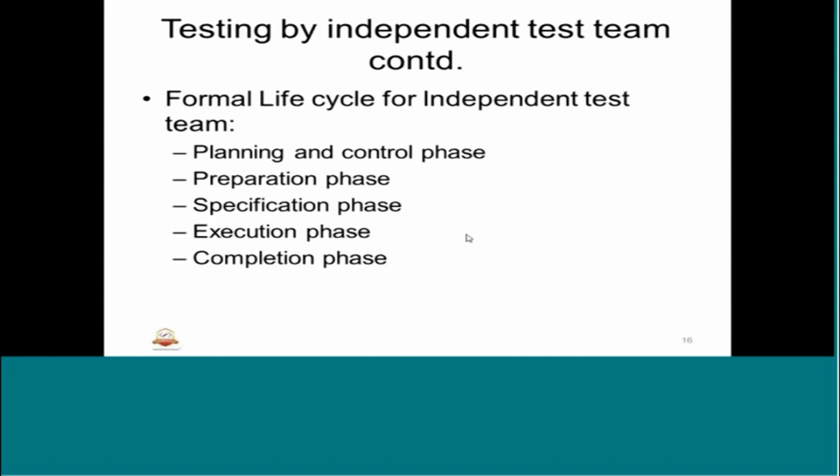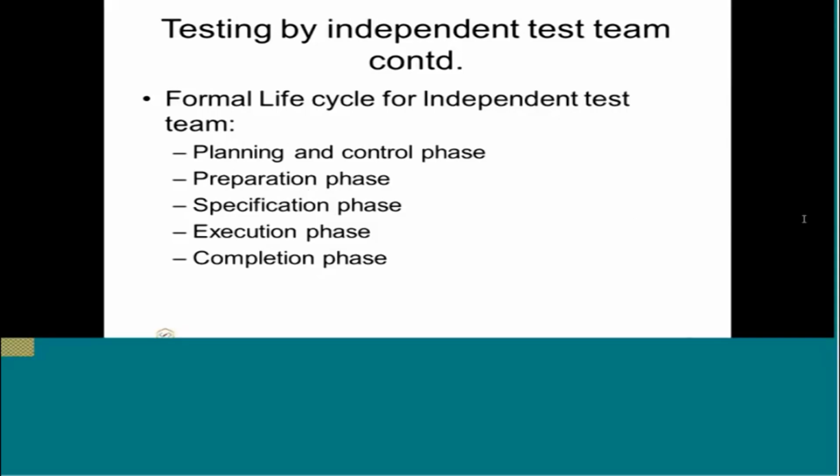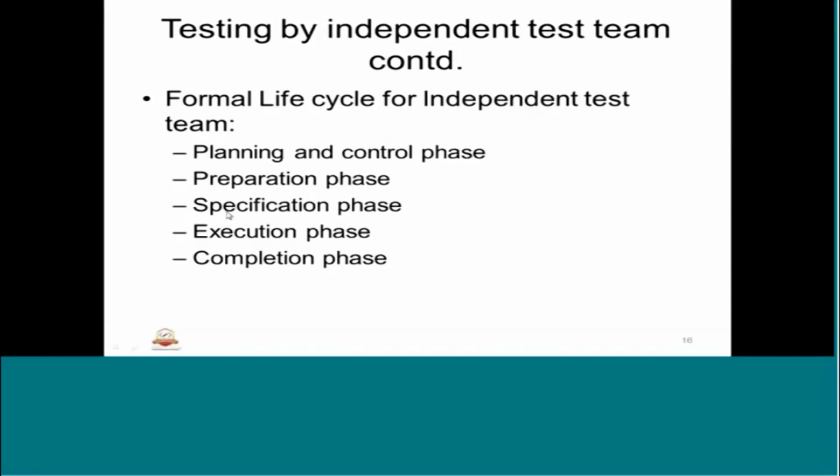Formal life cycle for independent testing. Basically, the life cycle items or phases for independent testing are explained here: planning and control phase, preparation phase, specification, execution, completion.